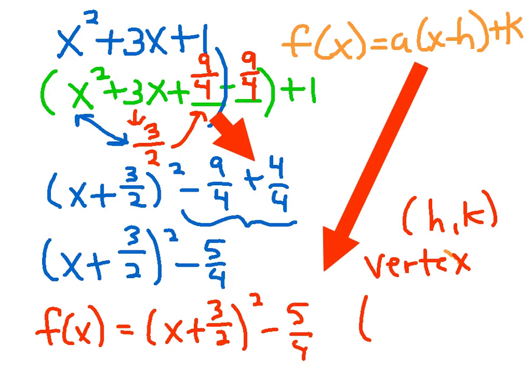So if it's a plus 3 over 2 down here, that means that point has to be a negative 3/2. Then I have a plus k over here. And because it's negative down here in my actual problem, my y value is a negative 5/4. And that is my vertex.